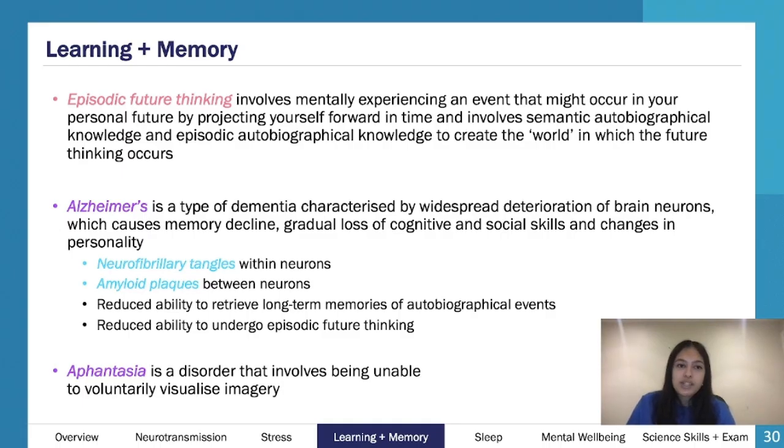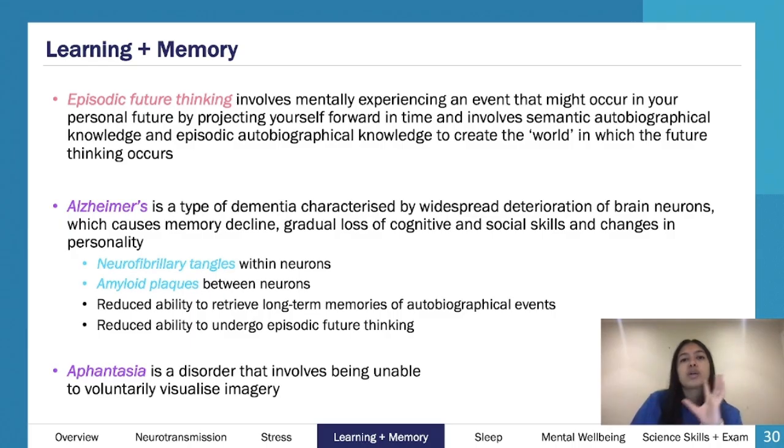So that's important as well for this idea of episodic future thinking or imagined futures. Basically, your autobiographical memories and events, your episodic memories of your past, contribute to what you think about your future. So when I imagine future scenarios, I'm predicting these things based on my own experiences and the memories I have of past episodic events.